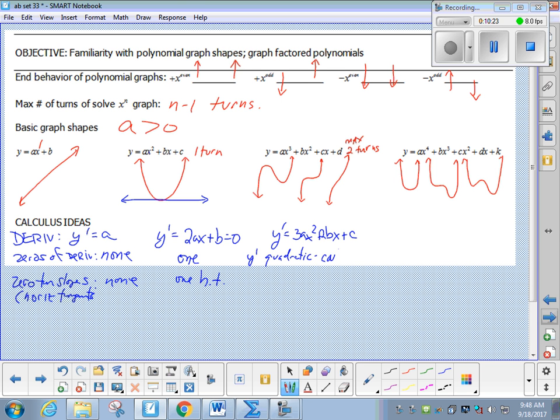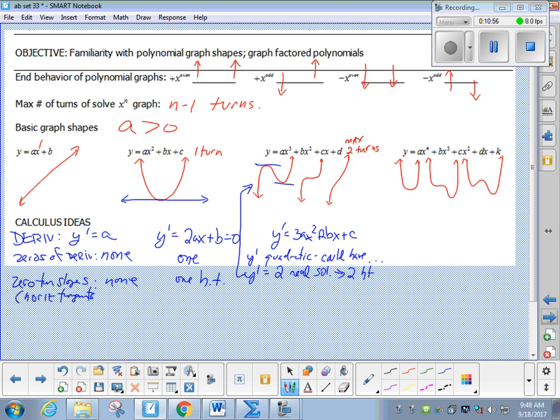It could have... Now quadratic, can it have two real solutions, or real zeros? That would imply then that if the derivative has two real solutions, there are two horizontal tangents. Which of those pictures does that indicate? Yeah, the first one has two horizontal tangents.